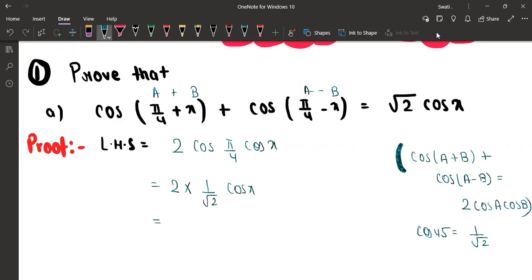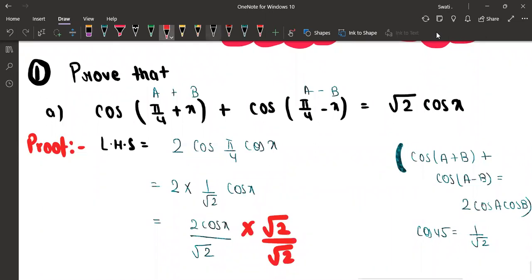So what exactly are we getting? 2 into 1 into cos x, that is 2 cos x upon root 2. Now you can say this is your answer, but on the RHS we don't have this form. So we can bring this form by rationalizing this expression. We will multiply by root 2 and divide by root 2. This is also called rationalization.